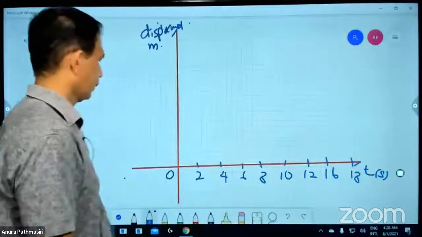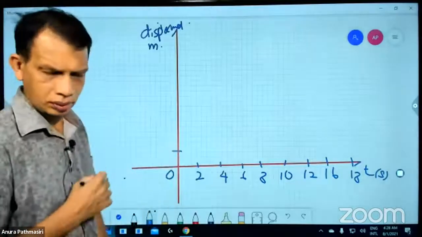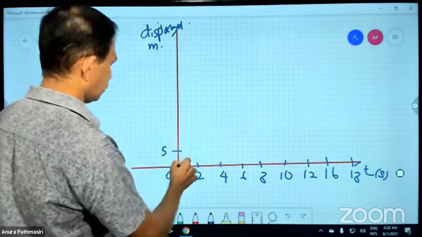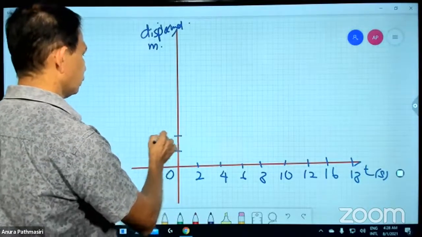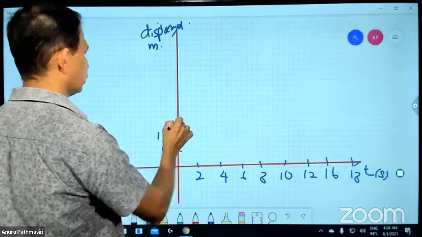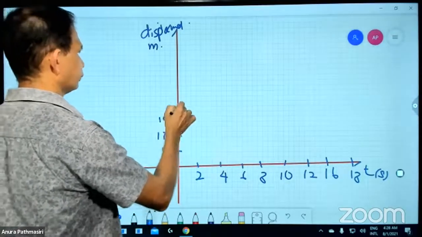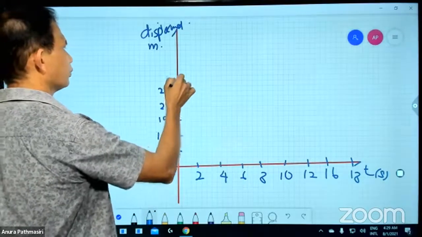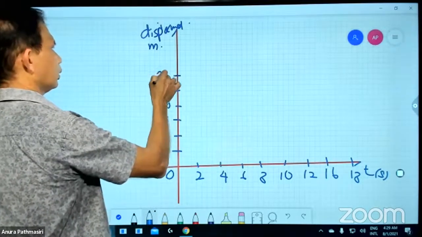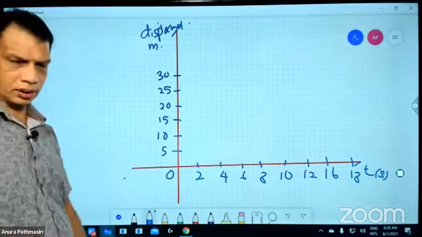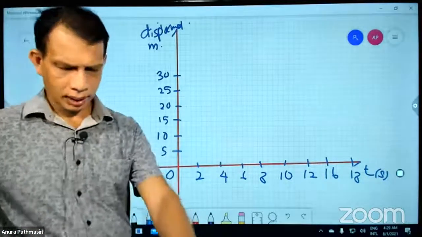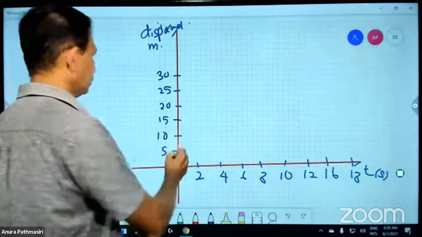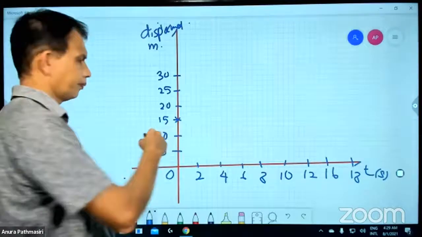Right. Here it is from 5, 10, 15, 20, 25, 30. That's how it went on. And when time is 0, the displacement is 15 here.